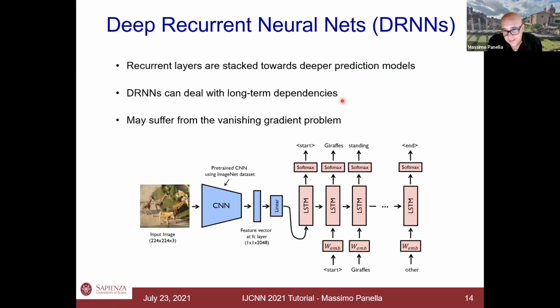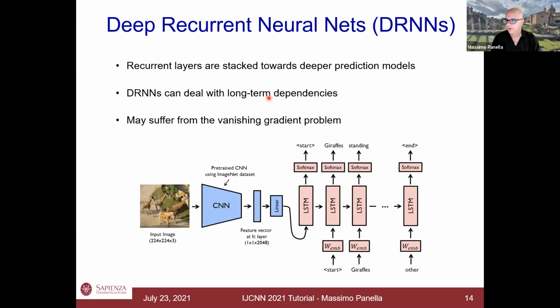Extending to deep learning, recurrent layers are stacked in deeper prediction models, where we can have more than one recurrent layer. As we will see, LSTM is a typical recurrent layer in deep learning. They are able to deal with long-term dependencies, which is very important because, in echo state networks, you have to reach a trade-off between memory, stability and internal state dimension, so problem dimension.